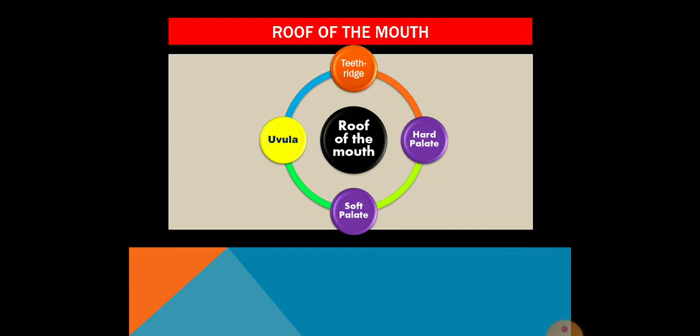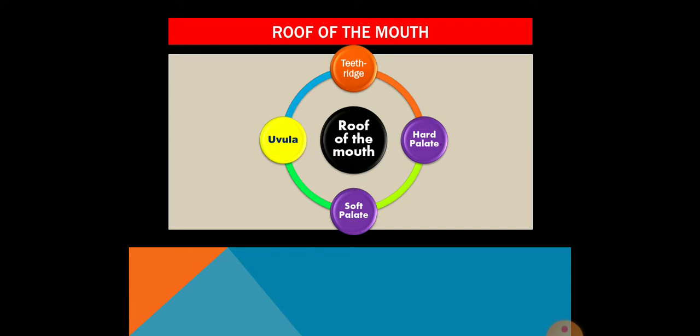Then come to the next, hard palate. In one sentence, hard palate means the roof of the mouth. It is a curved surface in the mouth of the jaw.